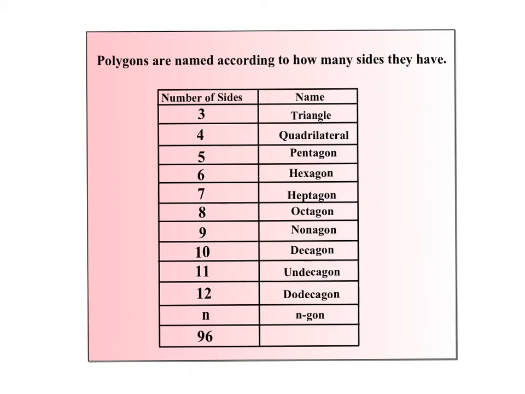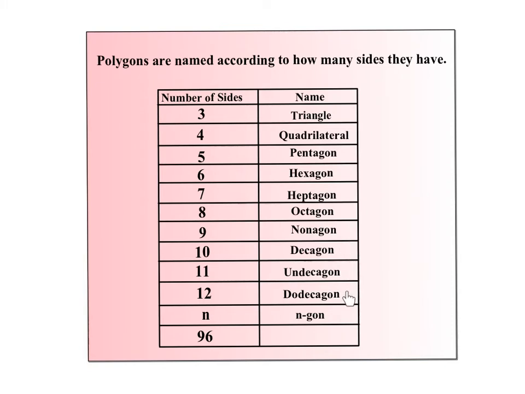Here we have a table classifying polygons based on the number of sides that they have. So 3 sides is a triangle, 4 a quadrilateral, 5 a pentagon, 6 a hexagon, and you can see the list goes on: 7, 8, 9, 10, 11, and 12.